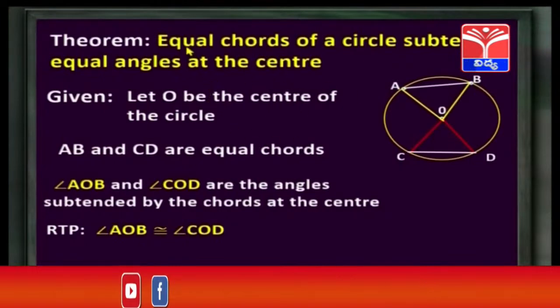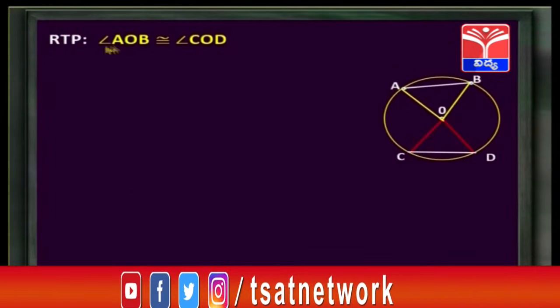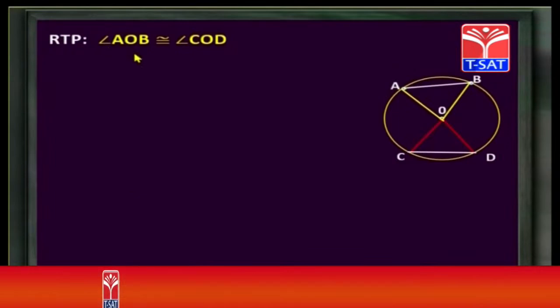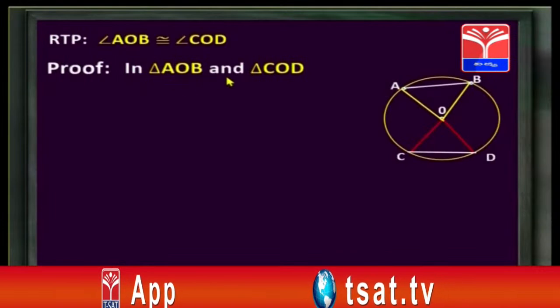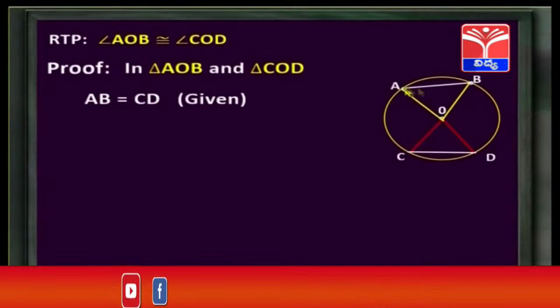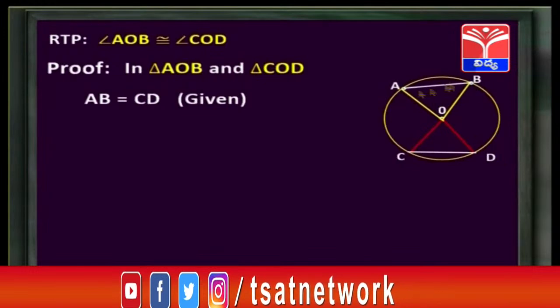So, what is the theorem? Equal chords of a circle subtend equal angles at the center. We have to prove angle AOB is equal to COD. So, for proving, in triangle AOB and triangle COD, AB is equal to CD. This is given because equal length chords we have taken.